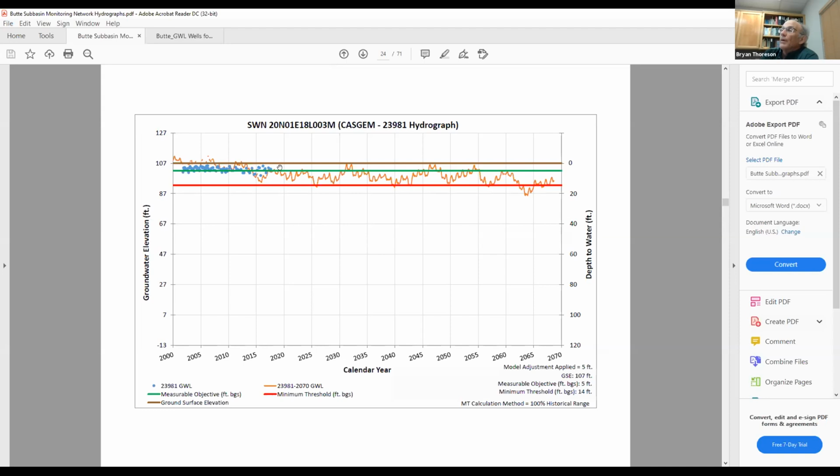So what we're recommending is that instead of using simply the 100% of the range, we use either the 100% of the range or 20 feet to add to that deepest depth.